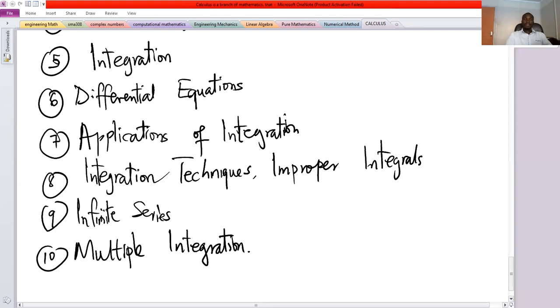So this is a subject that will help to explain how those changes occur, what the possible causes of those changes are, and how we can use the changes to make some decisions or some policies. The subject is most applicable in almost all the math areas, so it will be of interest that you ensure you have good concepts in almost all these areas for you to be able to do your mathematics better.